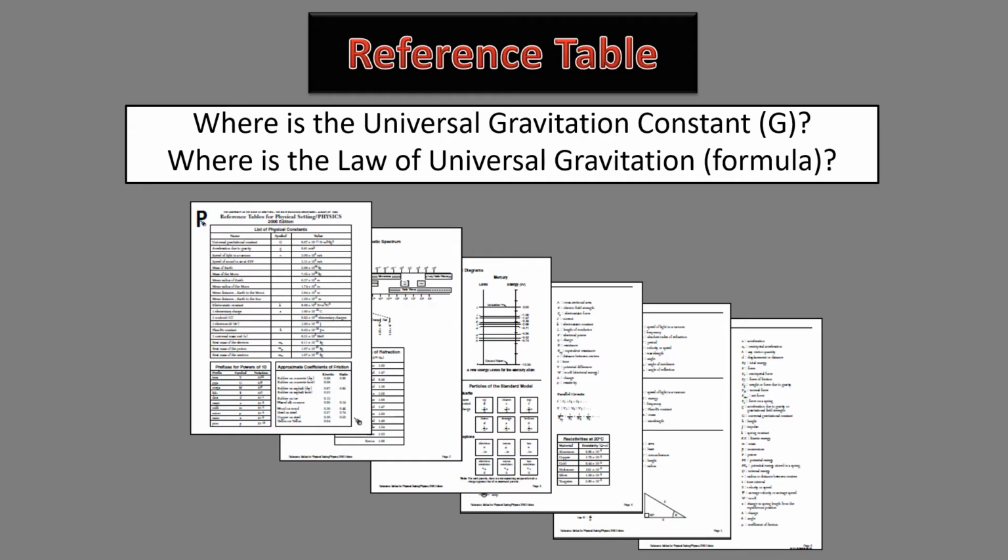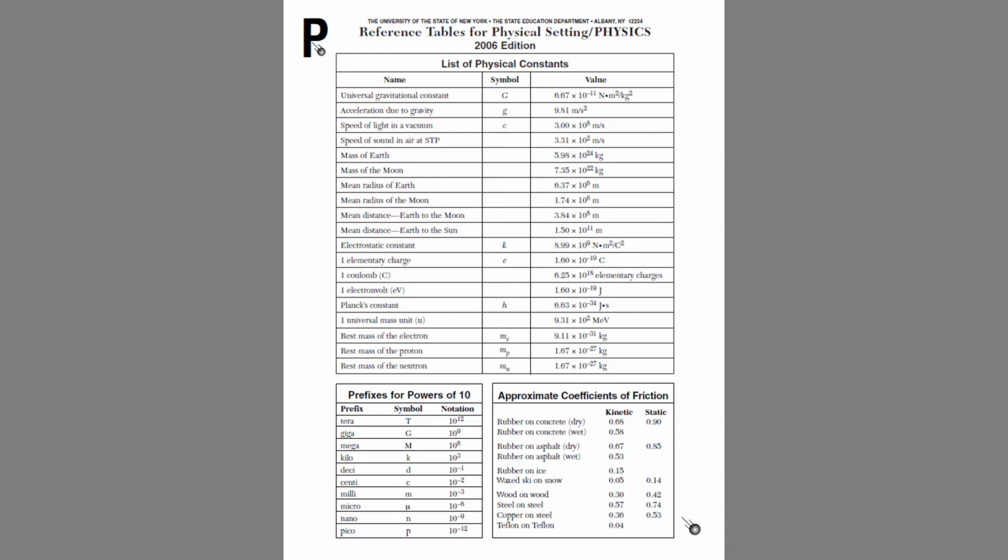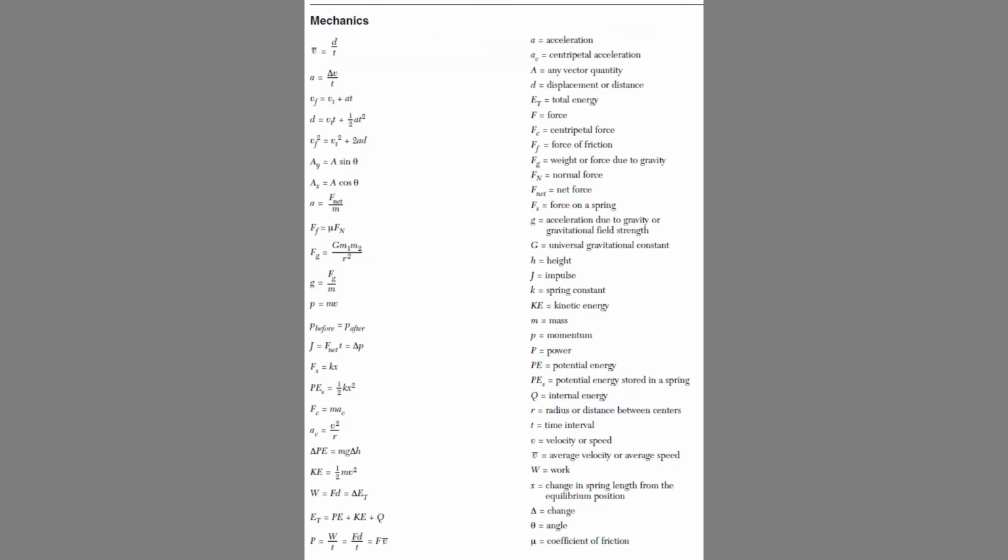So do you need to memorize that? No. Take out your reference table, see if you could figure out where the big G is, and also where the formula is. Big G is the very first thing on the reference table. And this dot just means times. So a Newton times a meter squared divided by a kilogram squared. You have to write the units like that in order to get credit on the New York State Physics Regents.